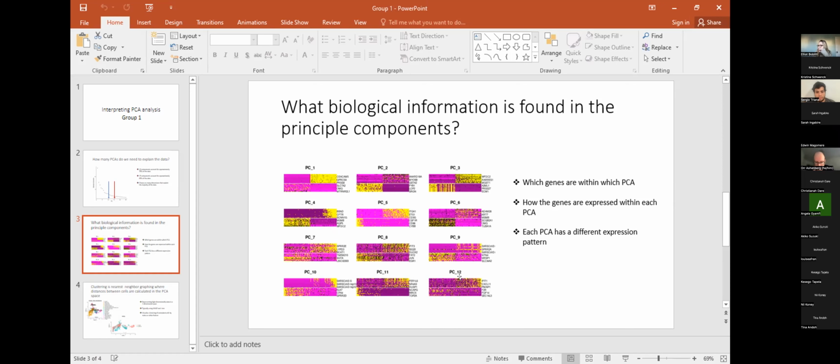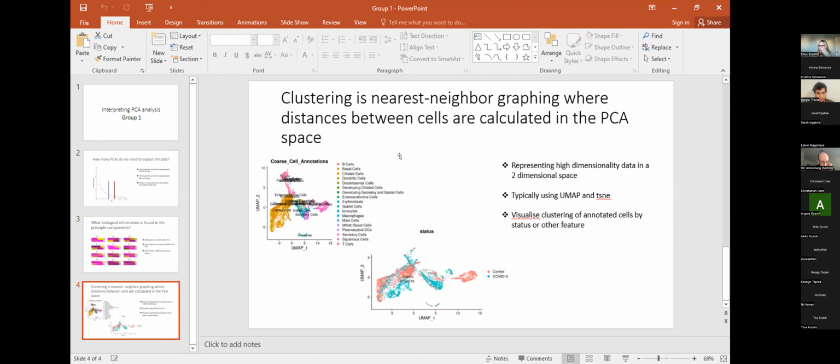So this shows that PC 1 and 2 are able to represent a higher number of variable genes or differentially expressed genes.